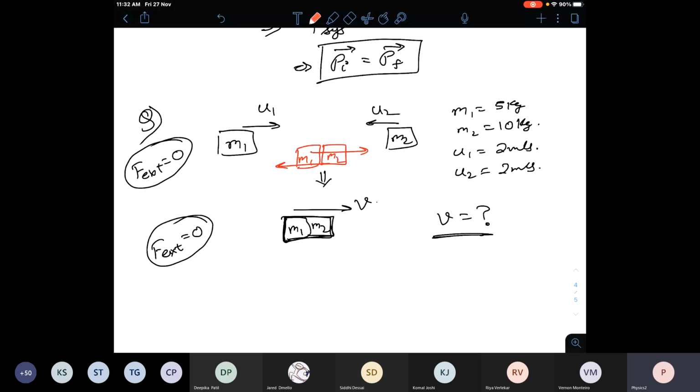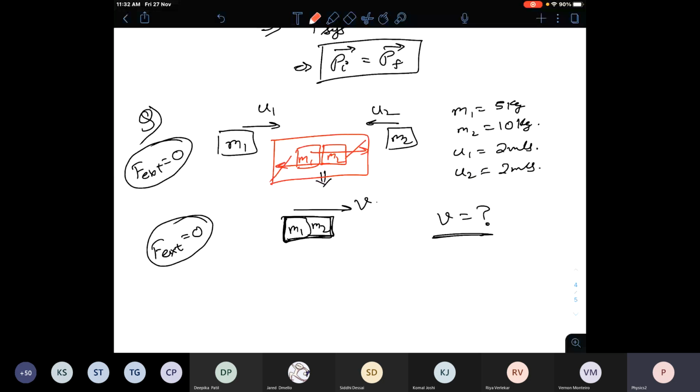These forces cancel each other out, Newton's third law, an action-reaction pair. So when I see them as a whole system, the net external force on the system is zero, and that is why conservation of momentum can be applied over here.